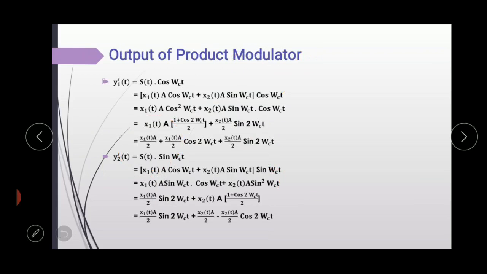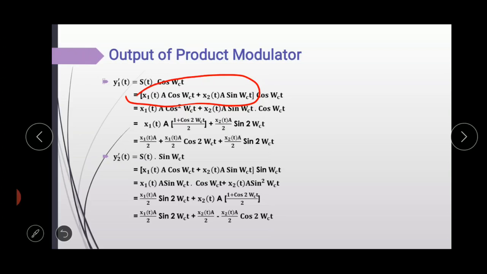We transmit the signal, as we discussed earlier, x1 of t A cos 2 pi fct, and 2 pi fc means omega c, so I write here omega c. So A cos omega ct plus x2 of t A sin omega ct is then multiplied with the carrier signal.